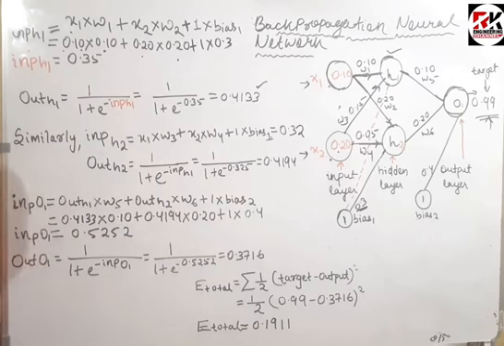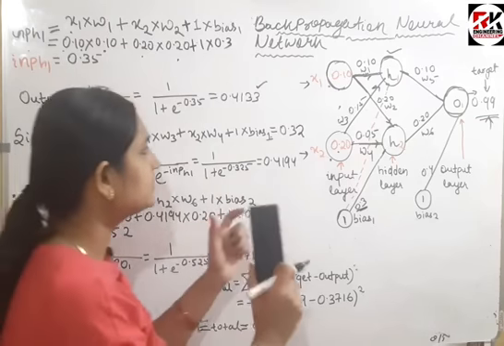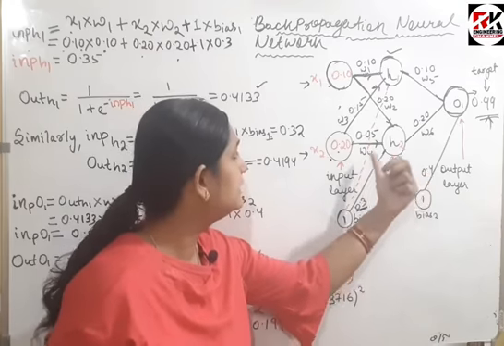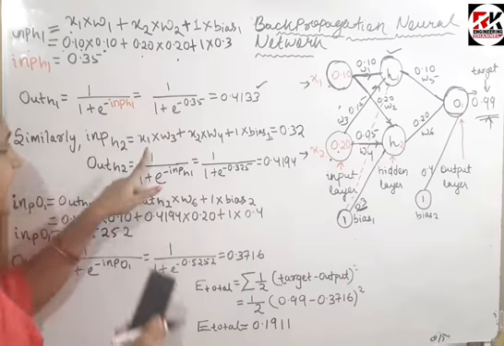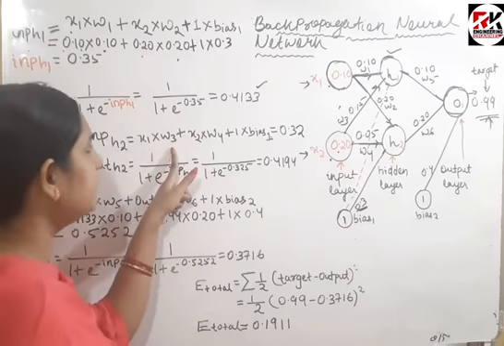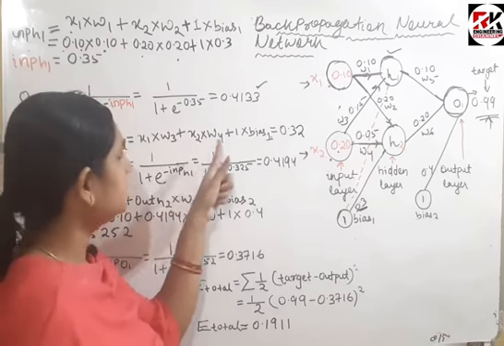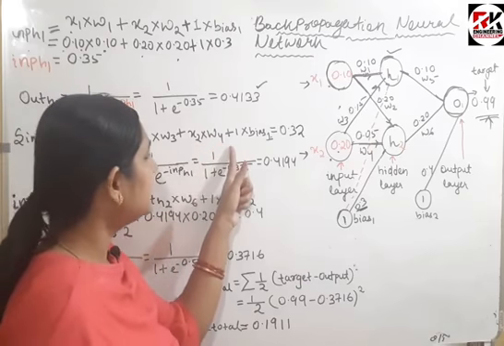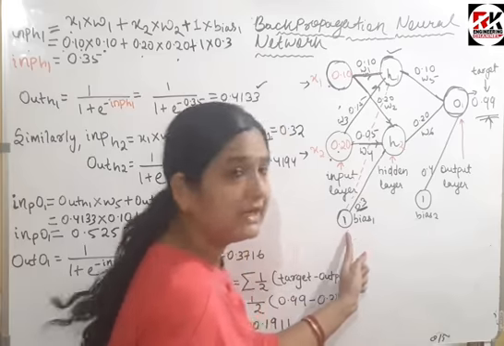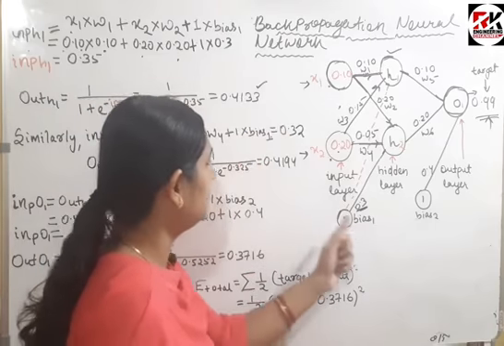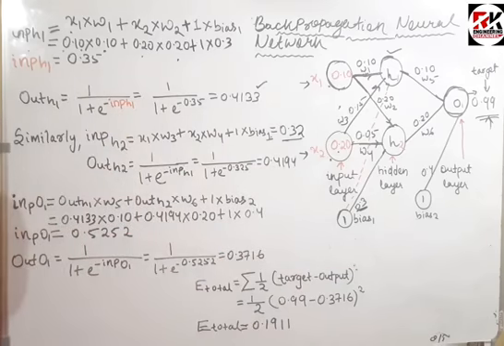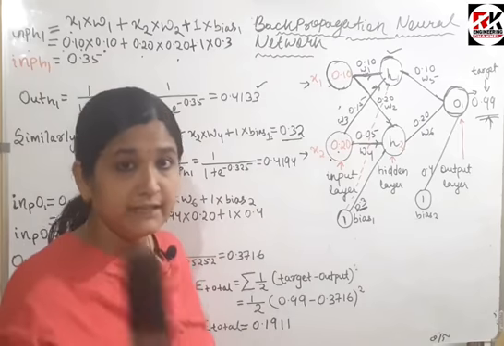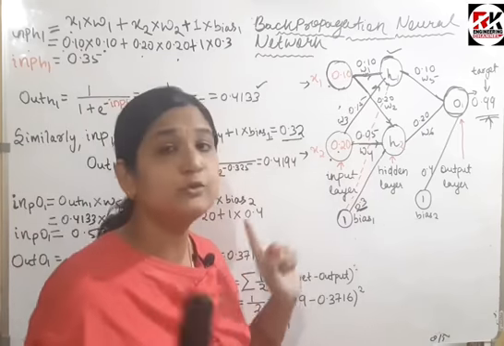Similarly we do the calculation for the H2 input. X1 into its corresponding weight value plus X2 into its weight value W4, plus the bias, 1 into the bias value 0.3, so I am getting 0.32. So our two input values for H1 and H2 are calculated.